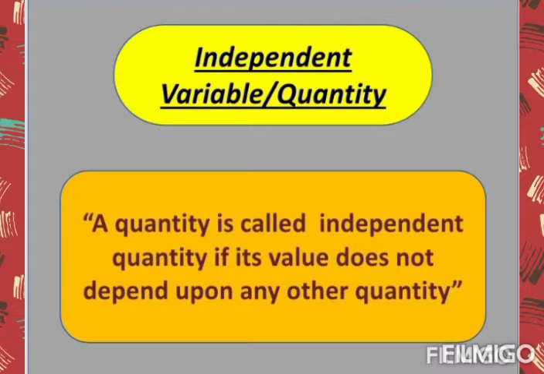It means an independent quantity can change in its value, but it does not depend on any other quantity. For example, in the graph on your result card or result file, there is a horizontal line where the sessions are mentioned, for example first bi-monthly, second bi-monthly, midterms, final exams. Those quantities are independent because time does not depend upon any other quantity.